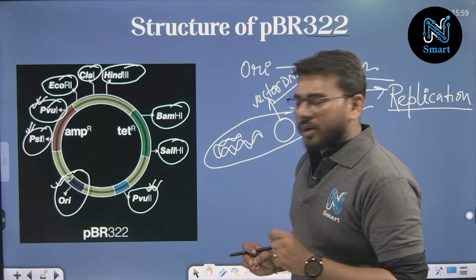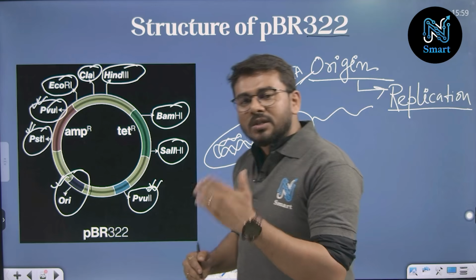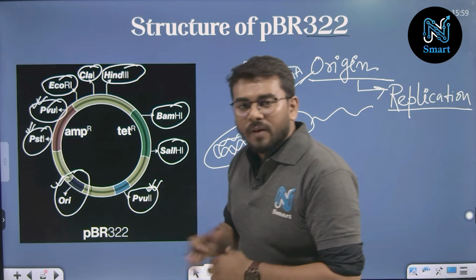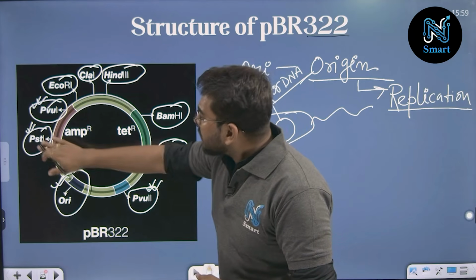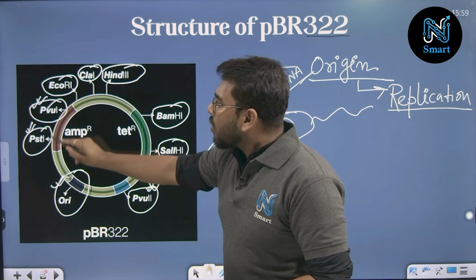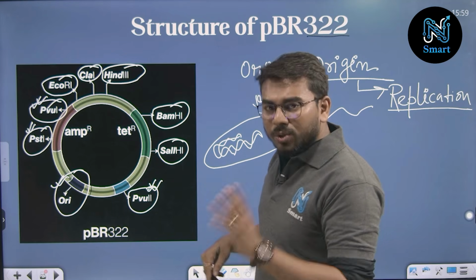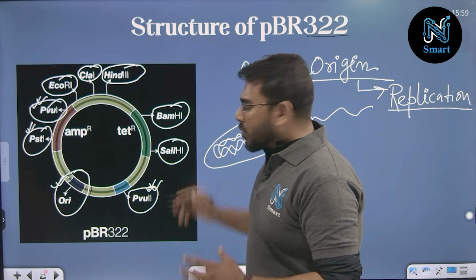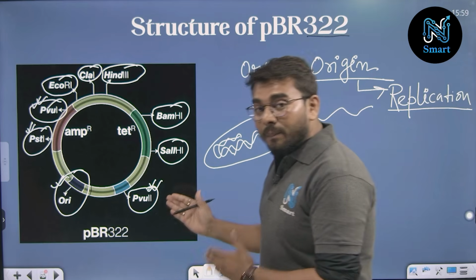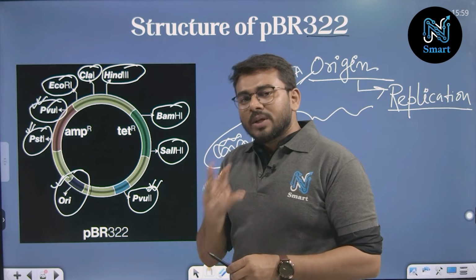And most important, my dear all, except this origin site, outside of this particular vector DNA, the rest, I mentioned PST1, PVU1, E. coli, CLA1, HIND3, BAMH1, SALH1 and again PVU2, each of these is a restriction site.